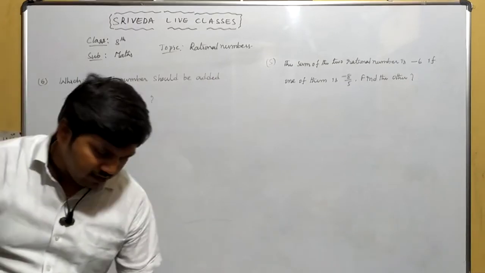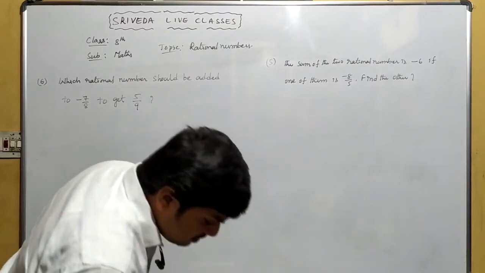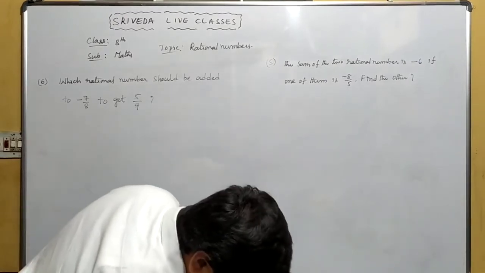You see, what number should be added to get this rational number?